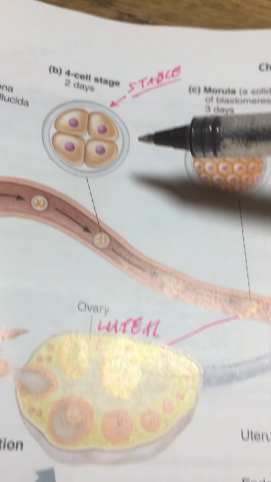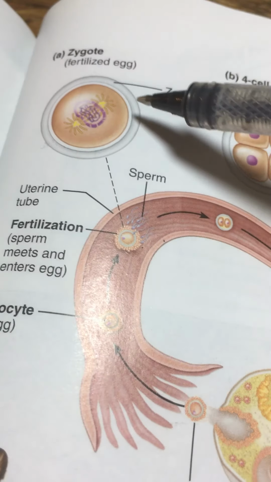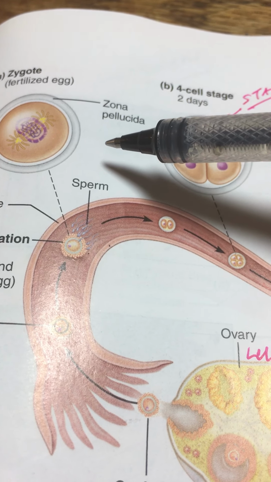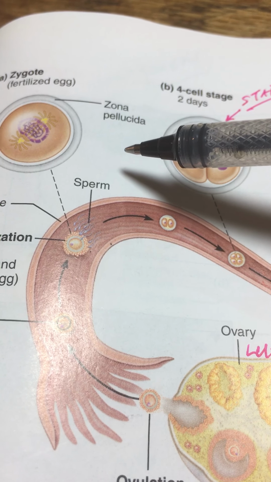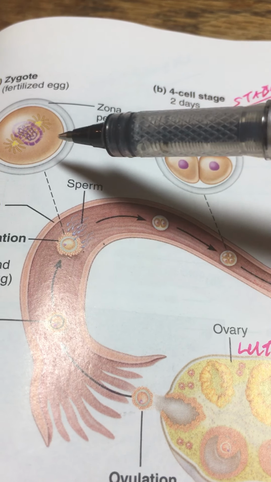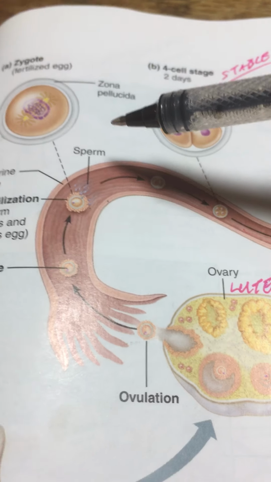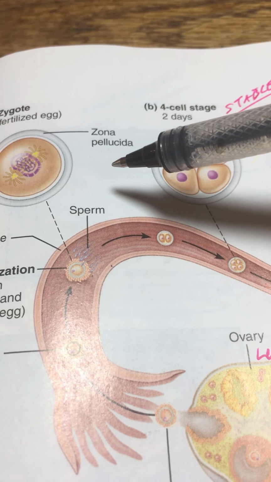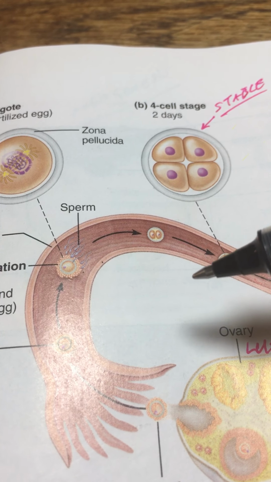Then this is the stable moment here. That first division, which divides one cell into 2 cells, could result in identical twinning. The 2 cells could actually separate, and there could be identical twins as a result, 2 completely separate individuals.